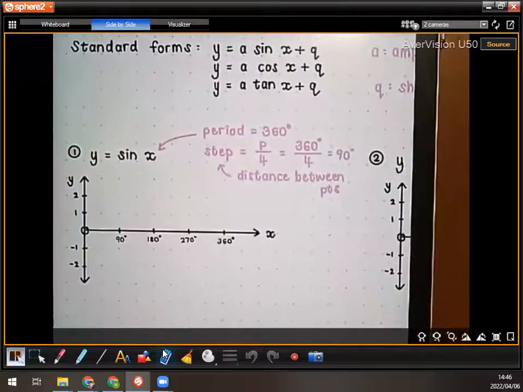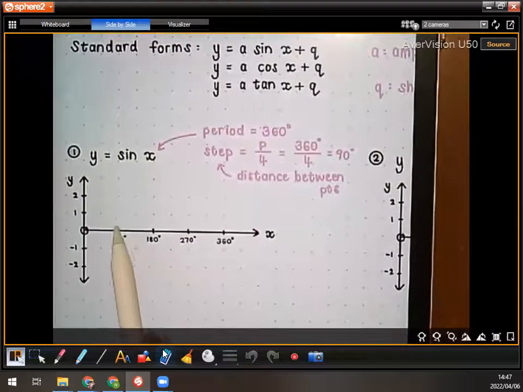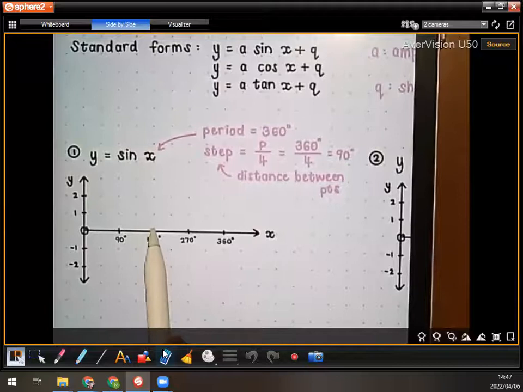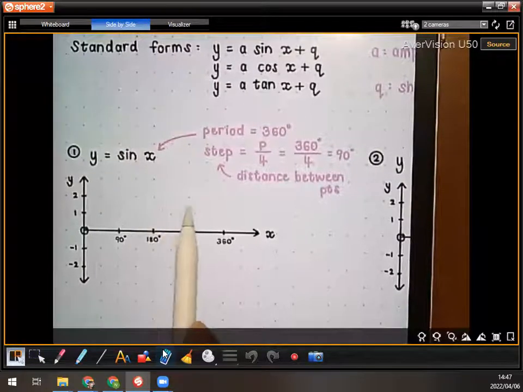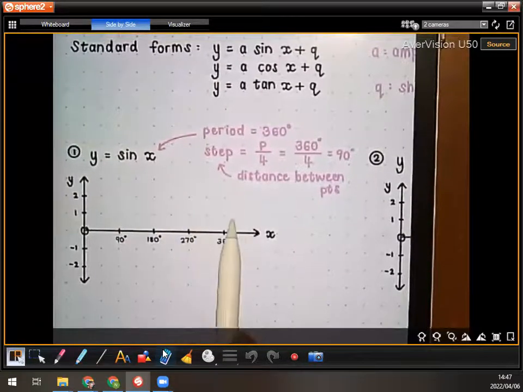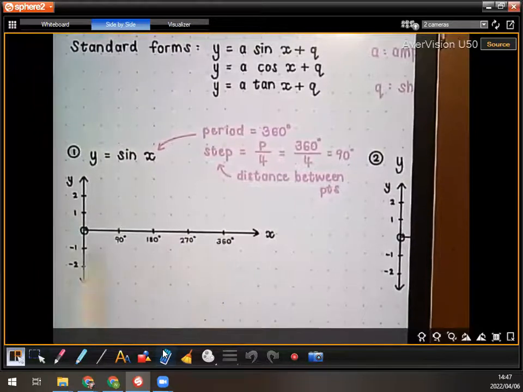That is why I'm going to plot the point at 0, then again at 90, right? 90 degrees further on. My step is 90, so another 90 degrees further on is 180. Another 90 degrees further on is 270, and then 360. That's actually why we split the axis up into that.